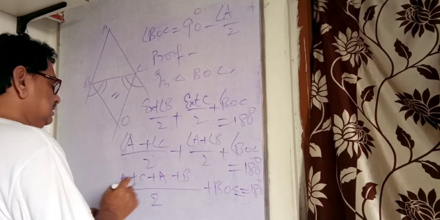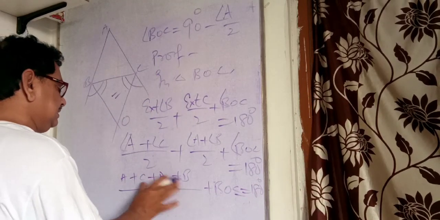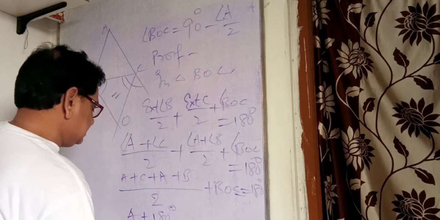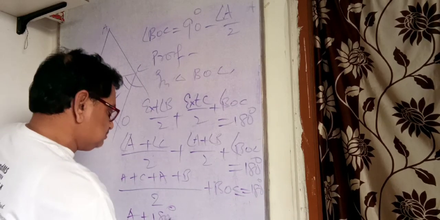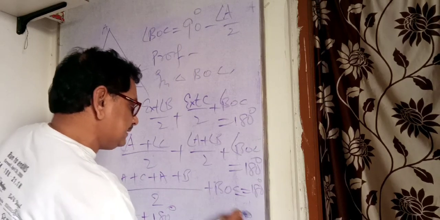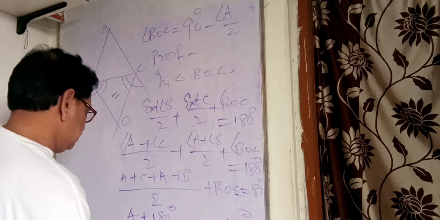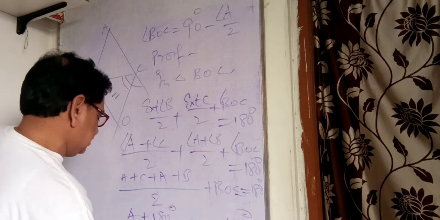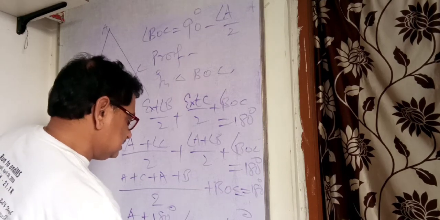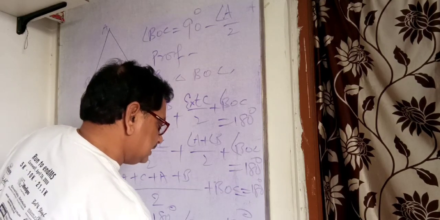And now see, A plus B plus C is 180 degrees, so (A plus 180 degrees) by 2 plus BOC equal to 180 degrees. So it will be A by 2 plus 90 degrees plus BOC equal to 180 degrees.